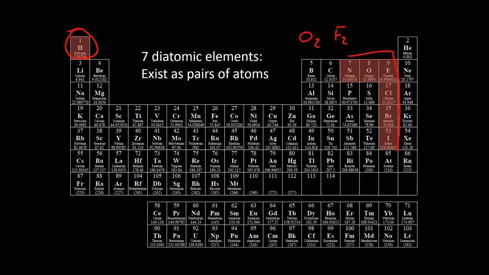But if it's just oxygen, it's going to be O2. If you only have fluorine in your sample, it's going to be F2. These only exist in their pure, non-bonded to other elements form. They only exist as diatomic elements. And I do expect you to remember these 7.